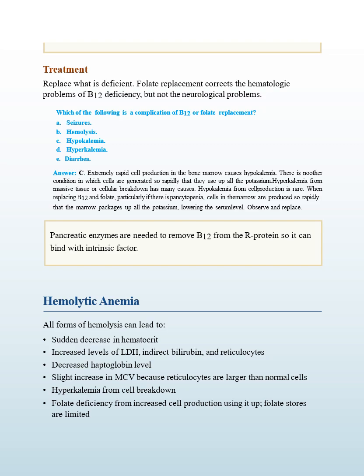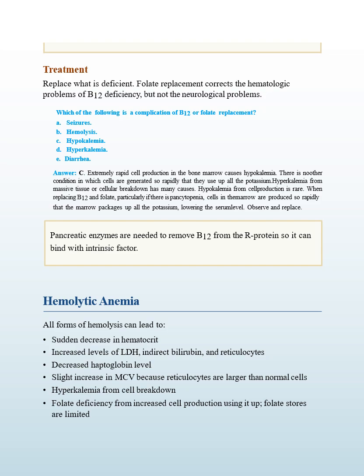D, hyperkalemia. E, diarrhea. The right answer here is C, and the explanation is that extremely rapid cell production in the bone marrow causes hypokalemia. There is no other condition in which cells are generated so rapidly that they use up all the potassium.